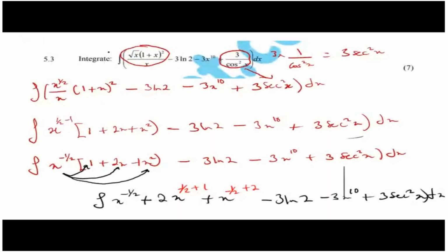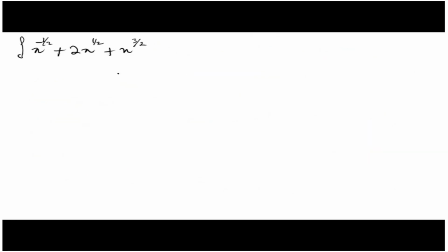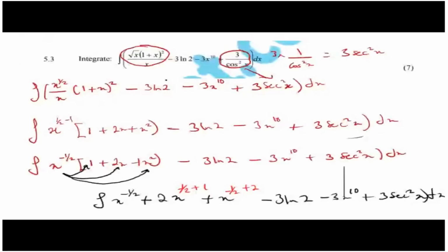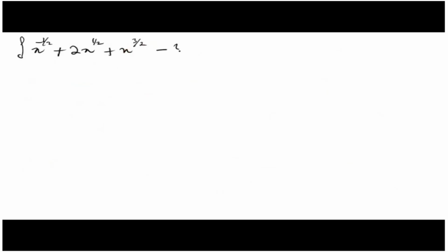Negative half plus 1 should be half. Then half plus 2 should be 3 over 2. Then you still have all that.